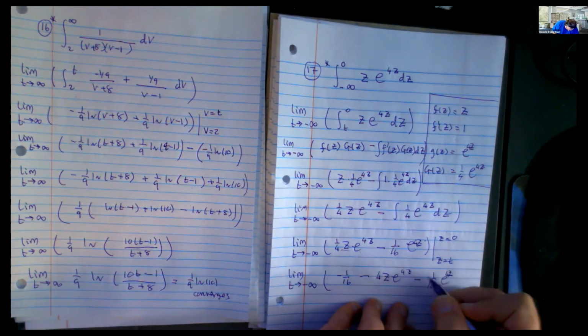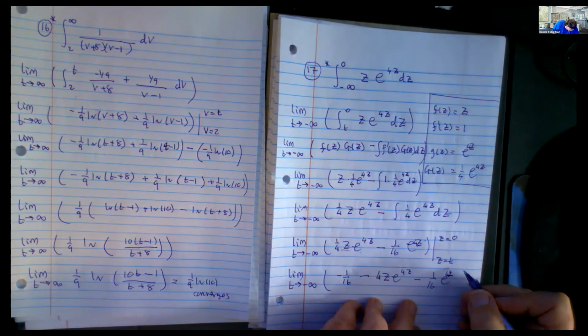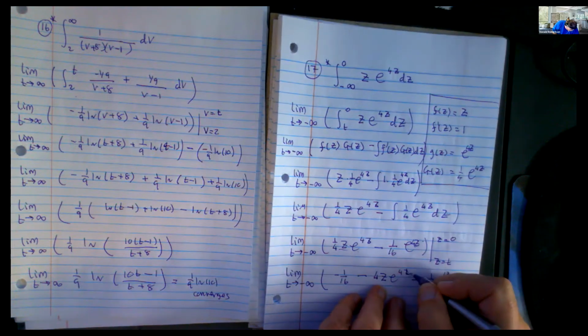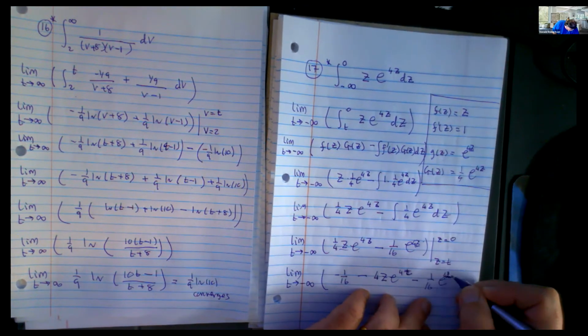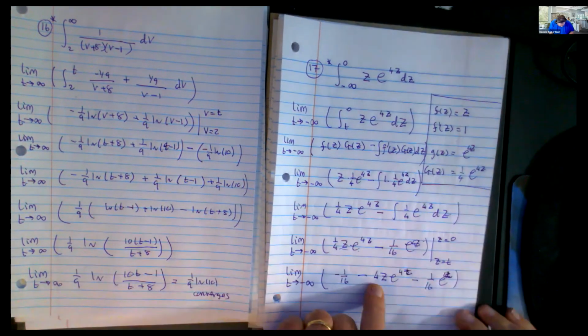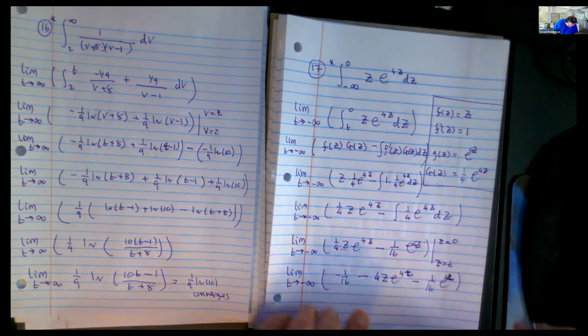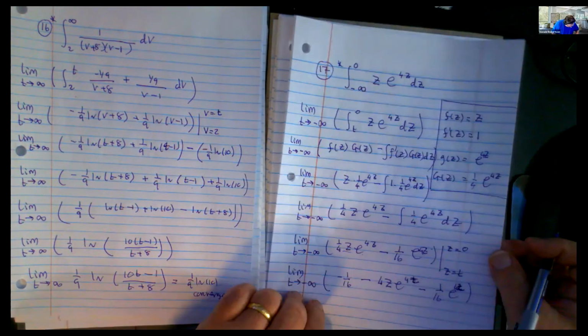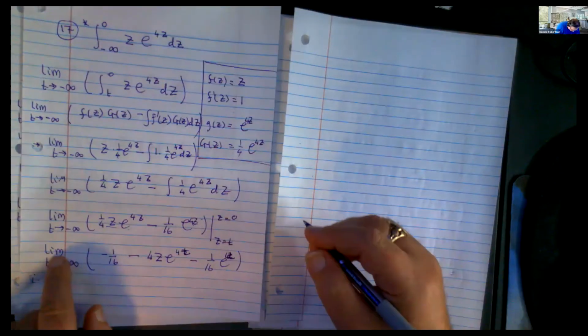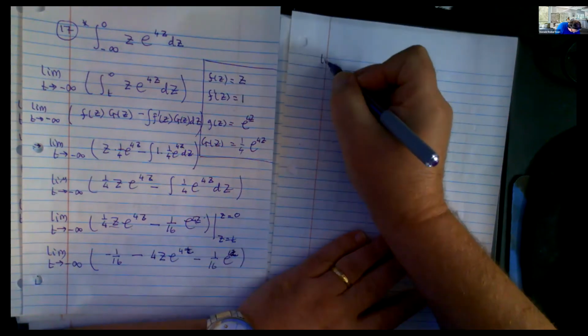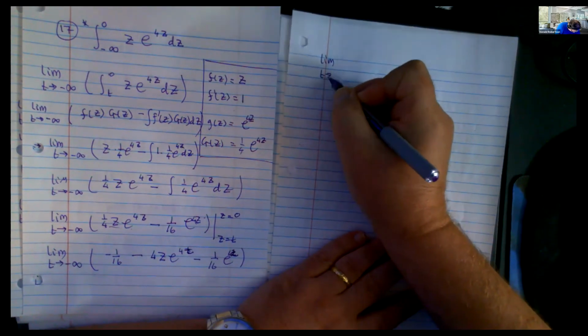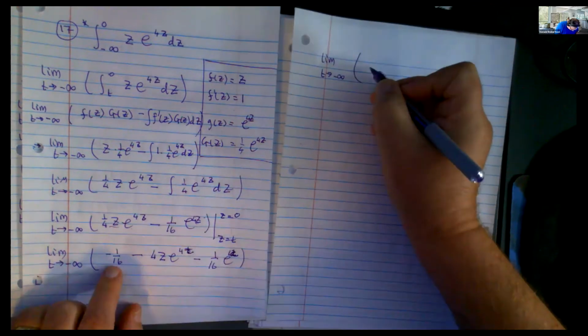Yeah, z's, it's not what I should be doing, it should be t's. There we go. So it's 4z, let's rewrite that. This line here should have been the negative 1/16 is good, right?